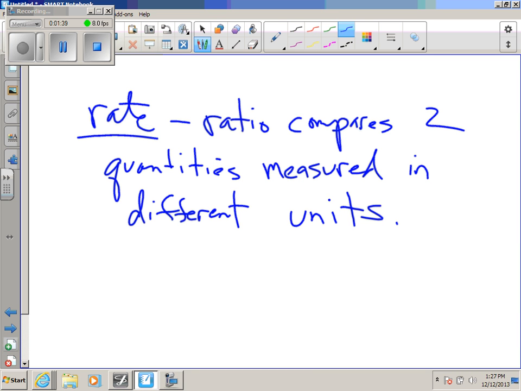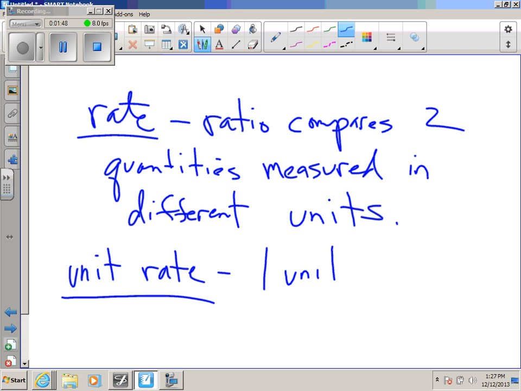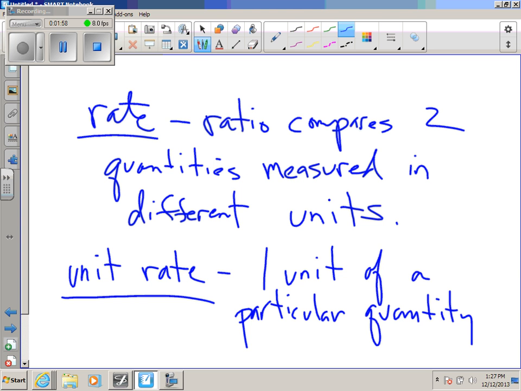Now, the rate for 1 unit of a particular quantity is called a unit rate. And that's what we're going to be finding out today.